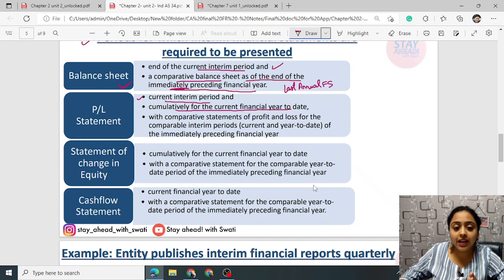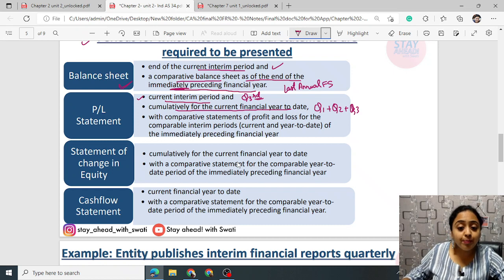The current financial year to date means quarter 1 plus 2 plus 3.